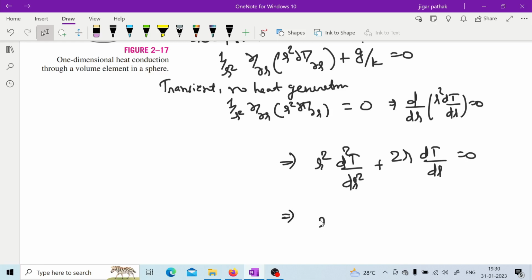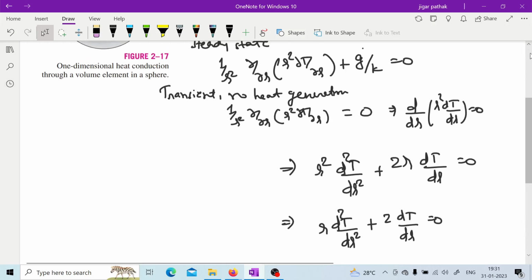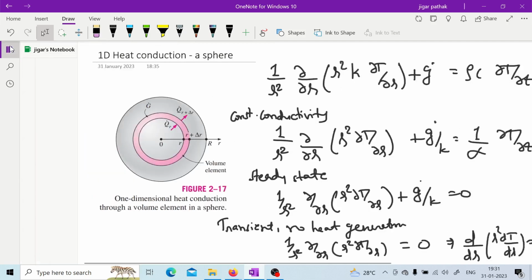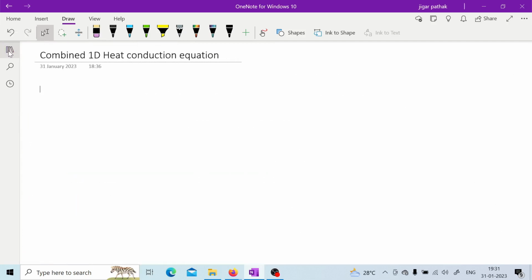So finally you can have r d square T upon dr square plus something equals to 0. So this is how you can have the heat conduction equation for 1D in case of sphere, right? So we have seen all these three different cases, right? You can also write a combined 1D heat conduction equation for all these three. It will be something like this.